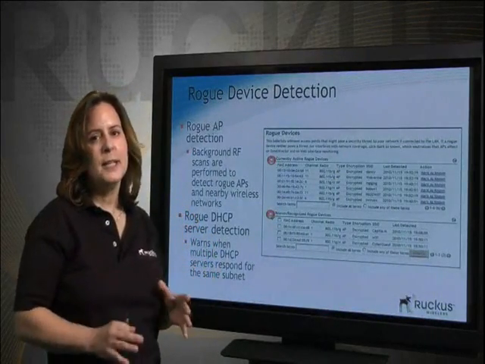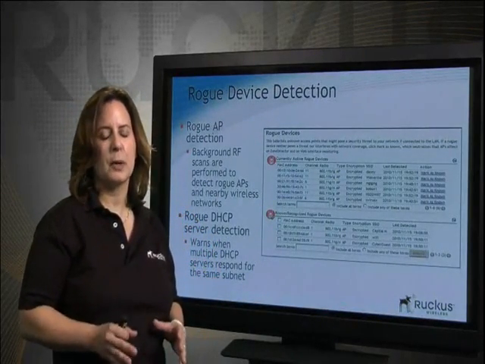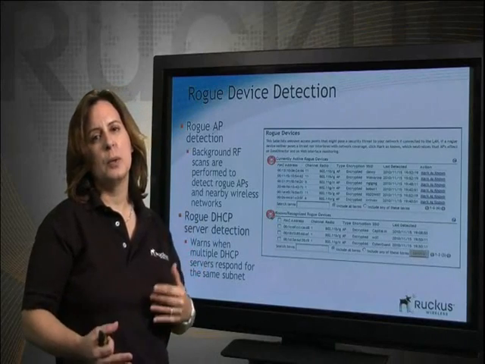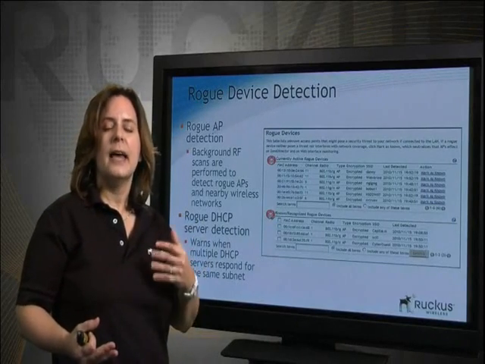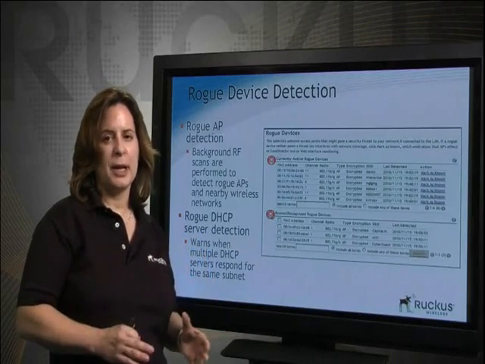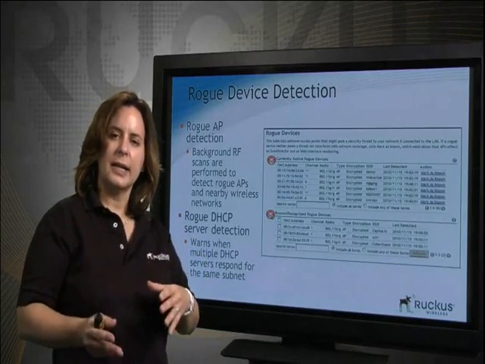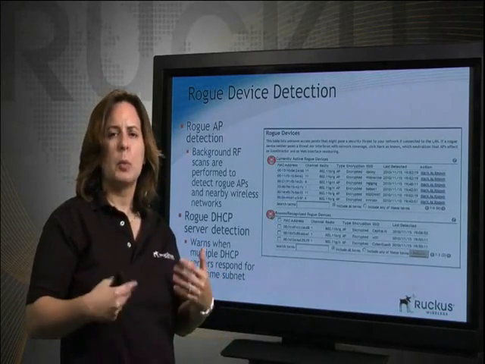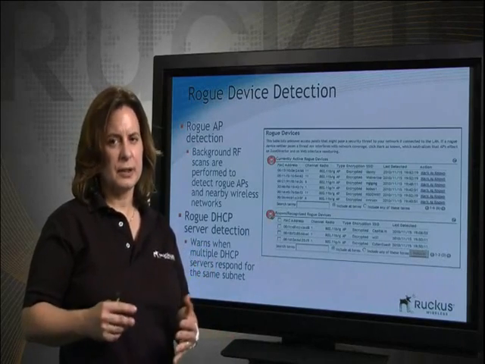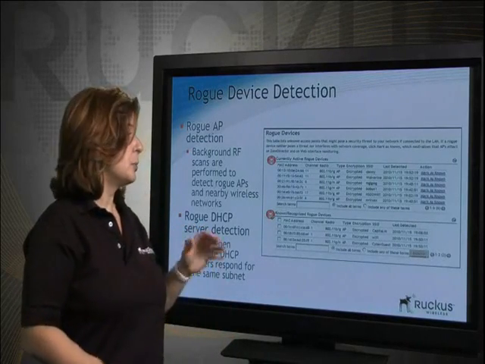Now, rogue AP detection is also considered part of network monitoring, and this is where we want to keep in mind that not only are we watching normal management tasks, that is to say, client activity, AP activity, but we're also interested in some security information such as the event of a rogue AP.